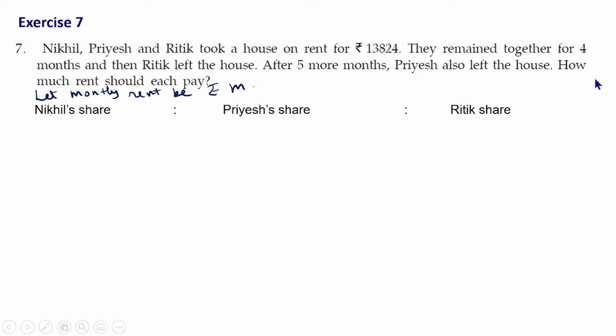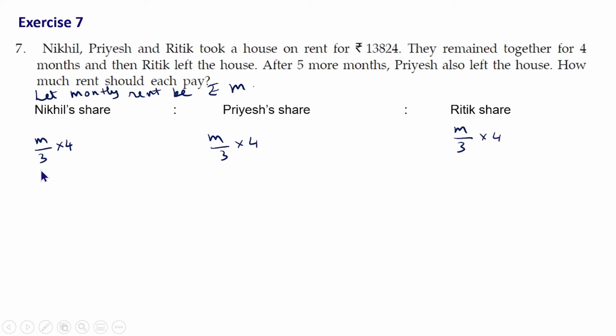Now they remained together for 4 months. It means for 4 months the rent has to be shared between all the three. So here we have M by 3 into 4, here M by 3 into 4, and here M by 3 into 4.